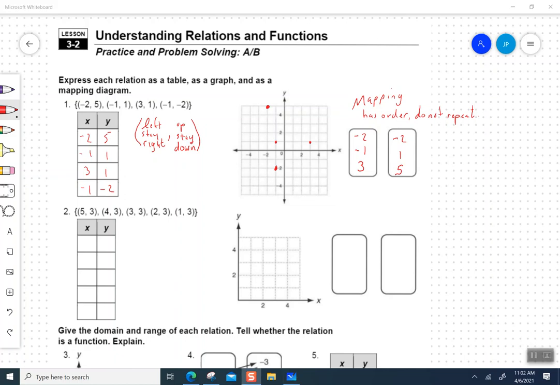Now we want to connect our lines. So let's start with -2 goes to 5. I'm going to change the color of the lines so they're a little easier to see. -2 goes to 5. Okay, -1 goes to +1.